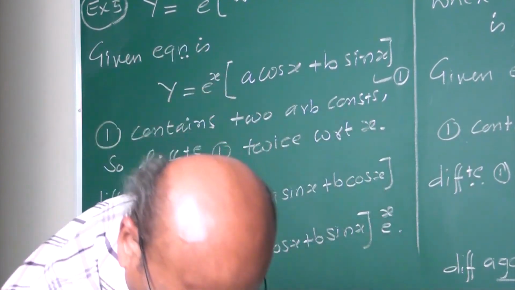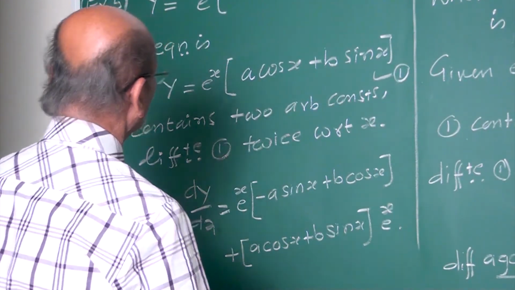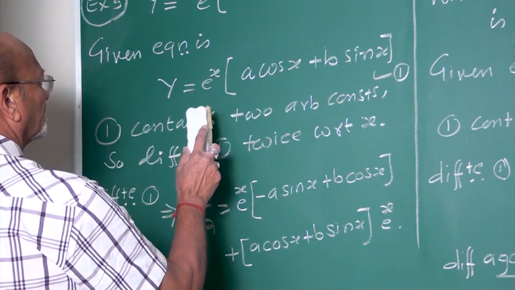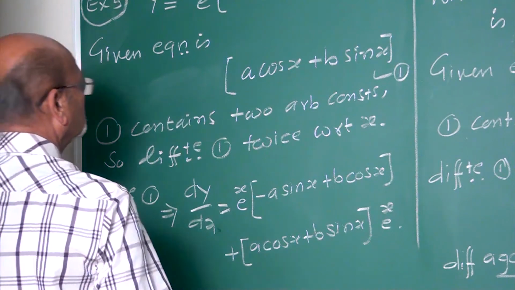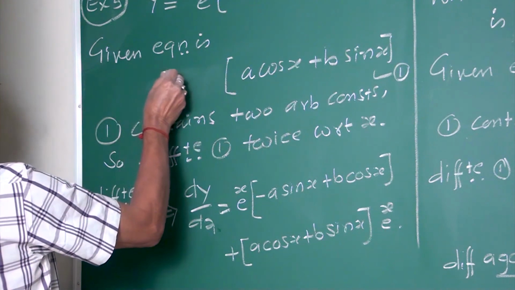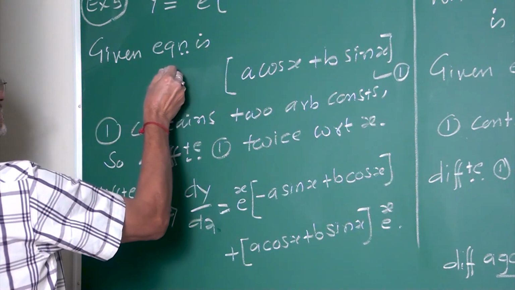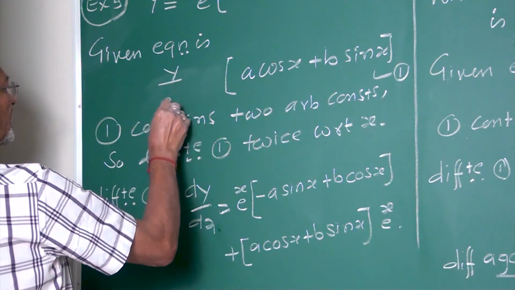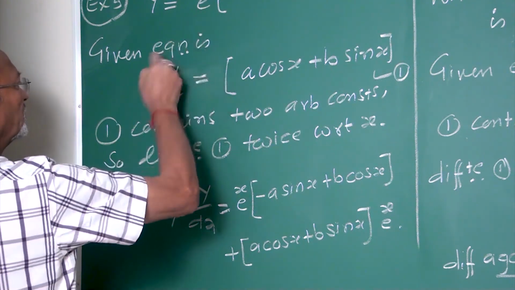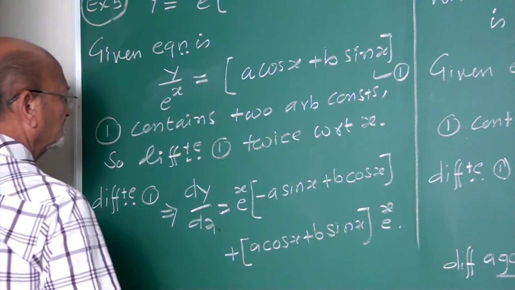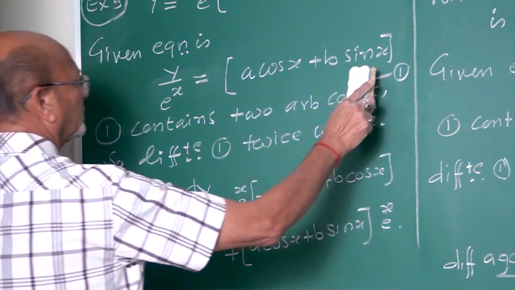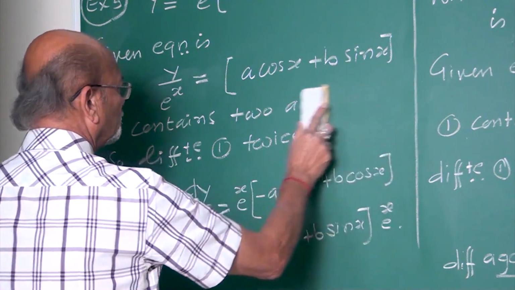Then you can simplify this. The method I want to change a little here: I bring this e to the power x down. This is y upon e to the power x, so bring it down, then lift it to the numerator.